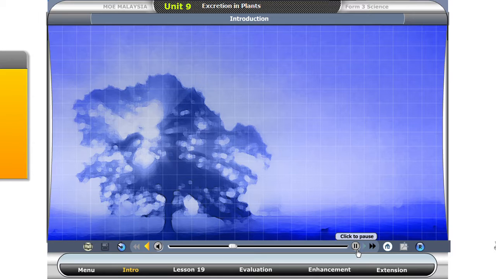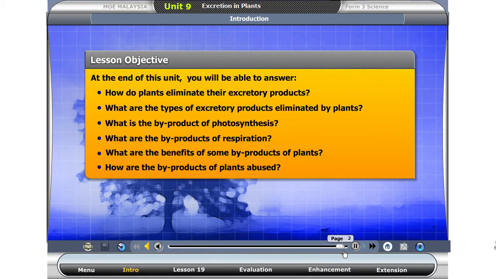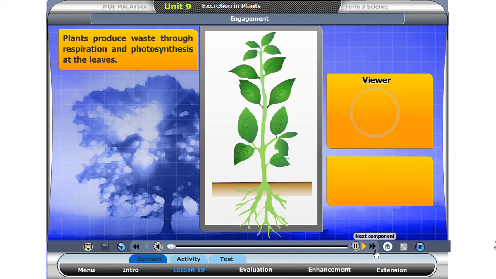In this unit, you will learn about excretion. Just like in any process, some form of waste or byproducts will be produced and excreted. Plants also produce waste and byproducts.